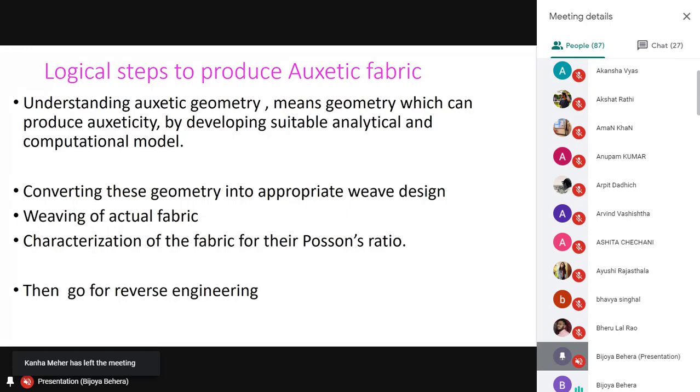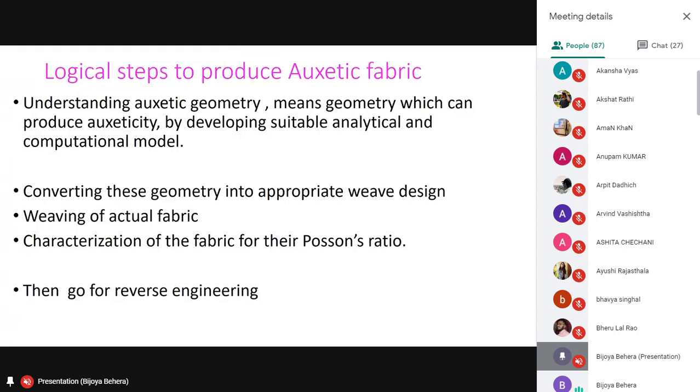Once this geometry is decided, the next step is converting this geometry into an appropriate weave design. And it's very easy for us. As you know, nowadays we have CAD systems. We are converting any complex geometry into weave design, all flowers, all leaves, or nowadays even poster weaving CAD software is available. You just take your photograph, then your photograph can be woven into warp and weft.